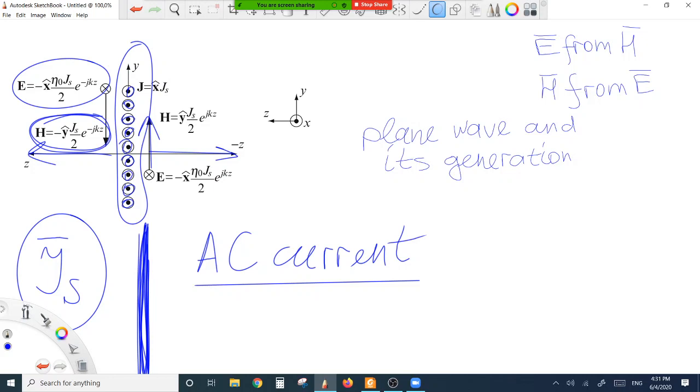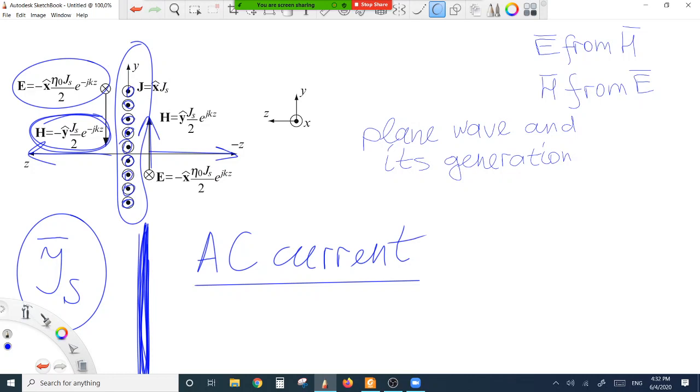Okay, from Ampere's law, magnetic field intensity, which is H in our case, is constant on any plane parallel to the sheet.